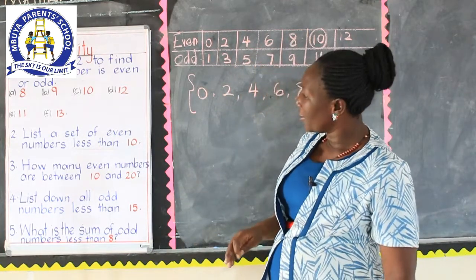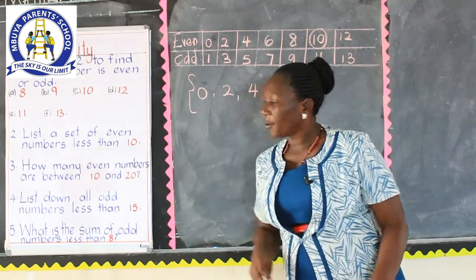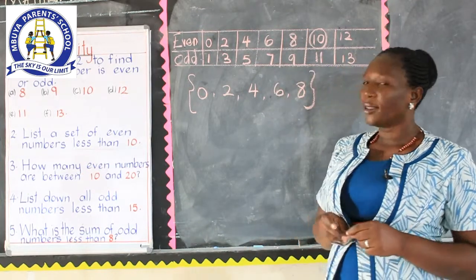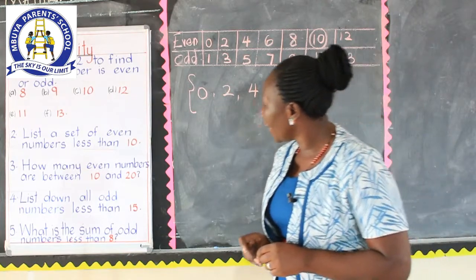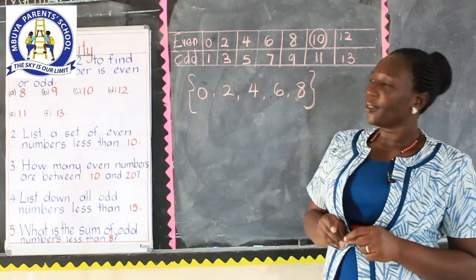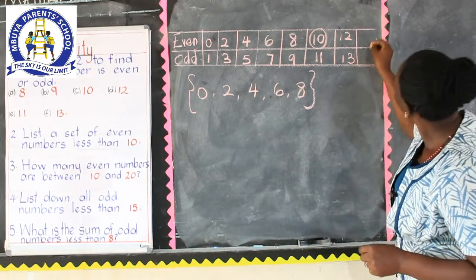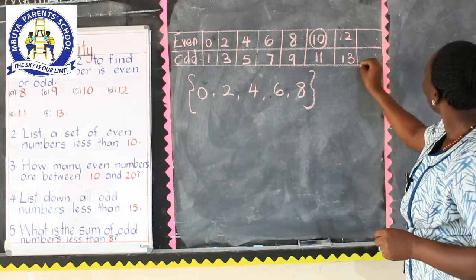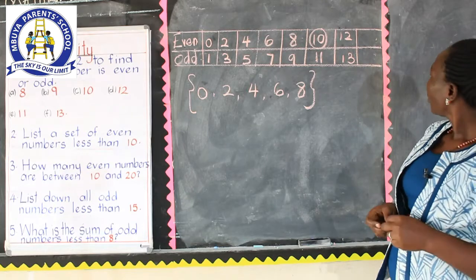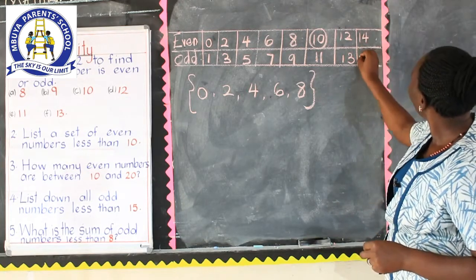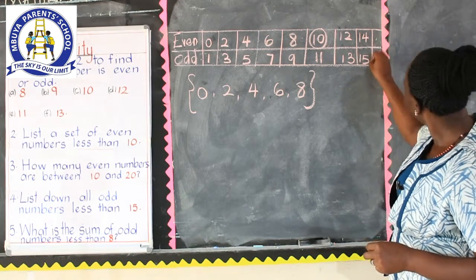So let's right away go to number 3. How many even numbers are between 10 and 20? We shall continue with our table. We shall have 14, 15.